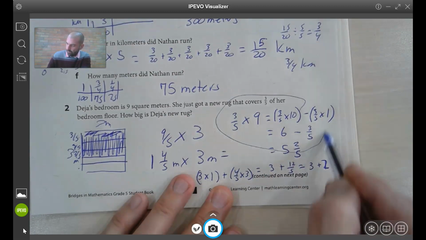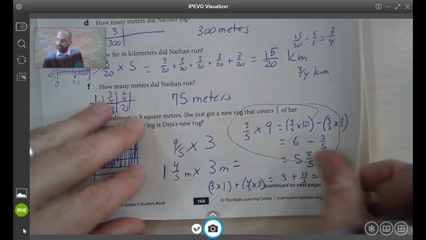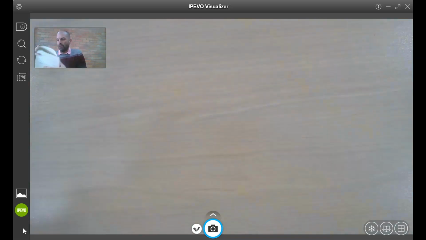I like this way better. I think that way makes more sense. So I really don't know why I would have drawn something there. I'm gonna have to look at bridges, and if they teach me something, then I'll let you know. All right, let's keep going.